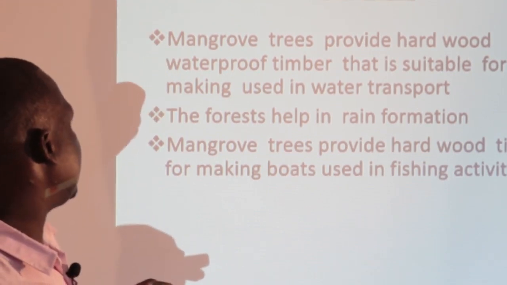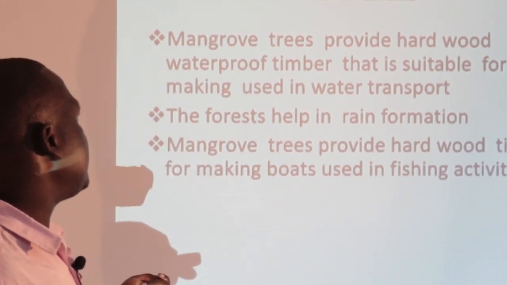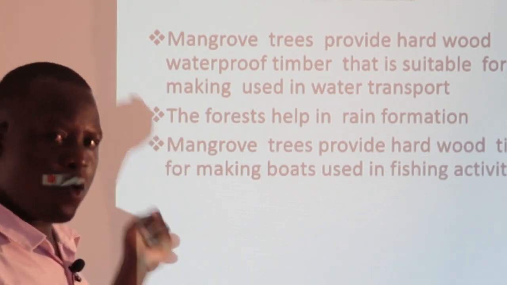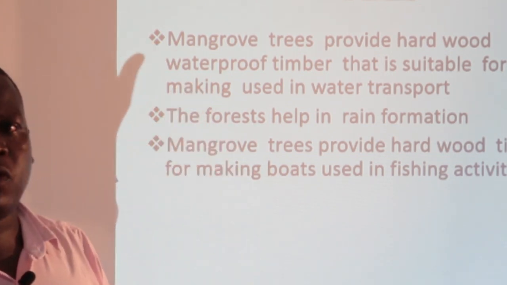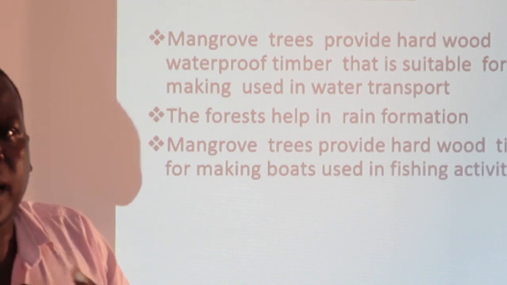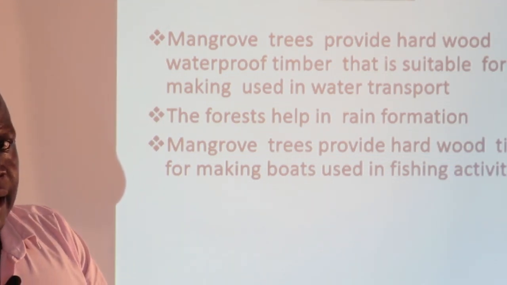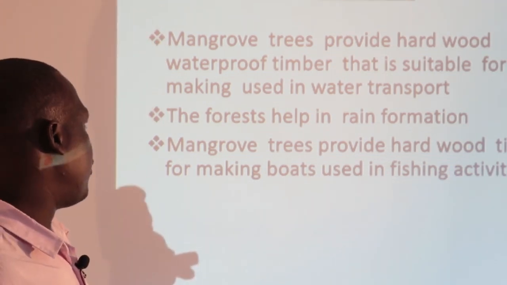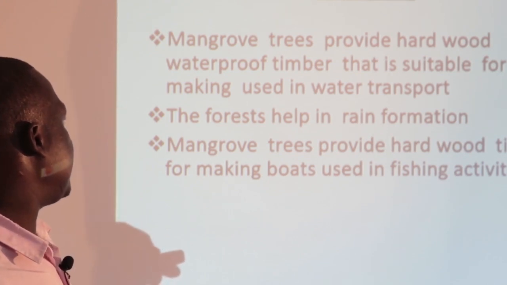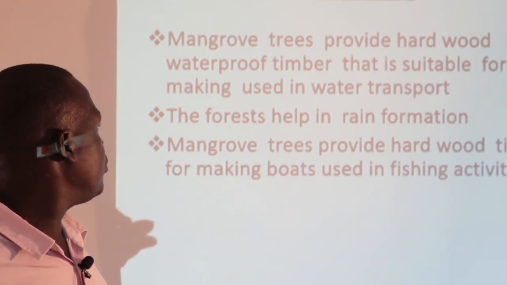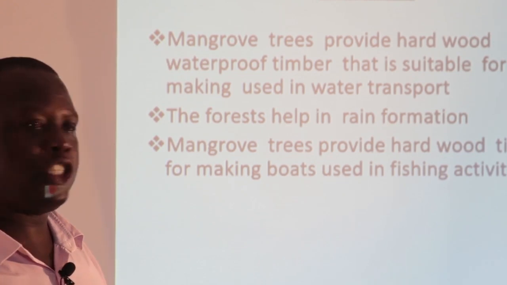The best answer is the timber is waterproof, or mangrove trees provide hardwood waterproof timber. That is why it is suitable for that. Then you also say mangrove trees provide hardwood timber for making boats used in fishing activity.